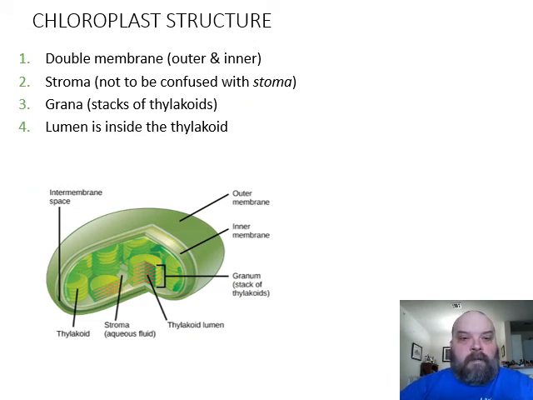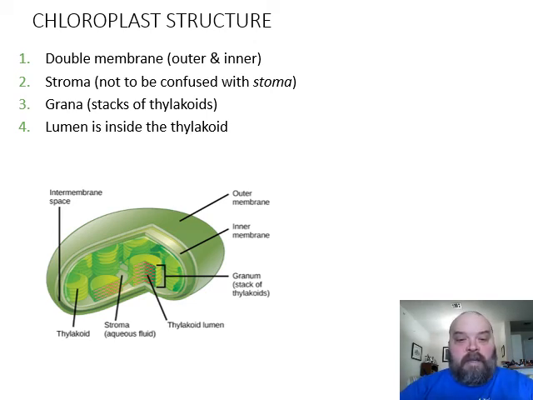So when we look at the chloroplast structure, just as a refresher, we have an inner and outer membrane, dual membranes, just like the mitochondria, except here, instead of a matrix, we have a stroma, the aqueous solution-filled inner volume. And then we're going to have stacks of thylakoid discs.